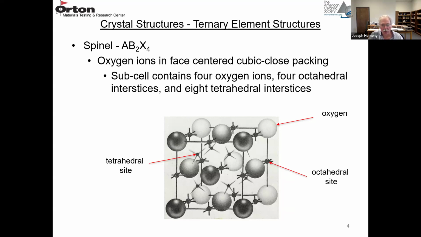So it's face-centered cubic. Right in the center here is an octahedral site. There's one atom above it, one below it, and on the faces, there's 4 other atoms, so it's surrounded by 6 oxygens. And then there's another, tetrahedral site here, surrounded by these 4 oxygens.